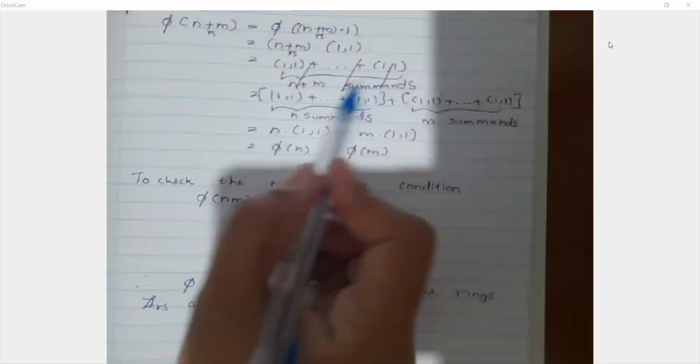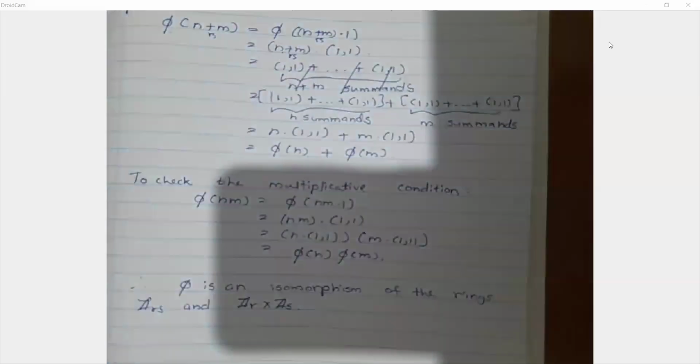So the way I wrote it down is incorrect, because I suddenly moved back to the set of integers, but no, phi we defined from Z_RS to the direct product Z_R cross Z_S. So I wanted to correct that one. The rest is okay.